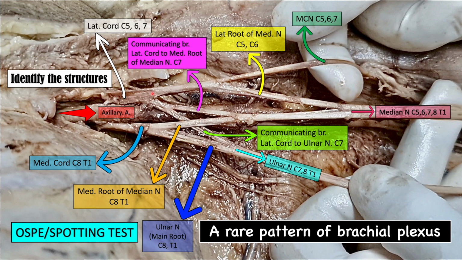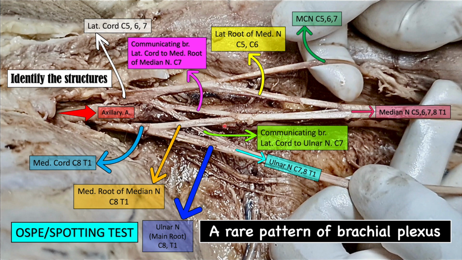This is the lateral cord, which has root numbers C5, C6, C7, and this is the medial cord with root numbers C8, T1. Ideally, in general, from the lateral cord there is the lateral root of the median nerve with C5, C6, C7, and from the medial cord it is C8, T1, and that's how the median nerve is formed with all five root components, C5, C6, C7, C8, T1.